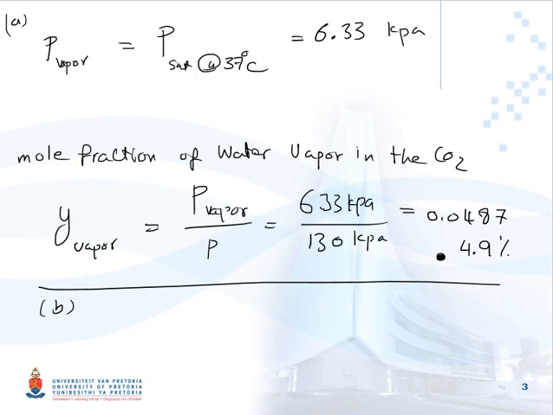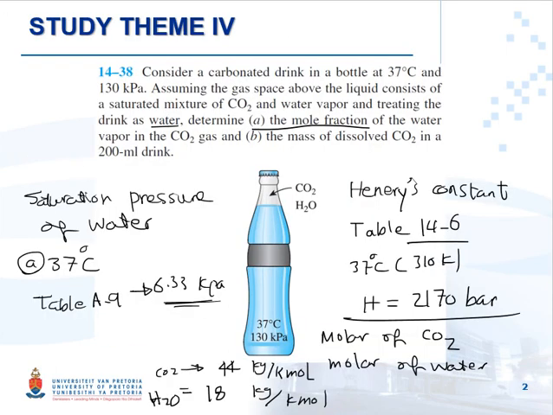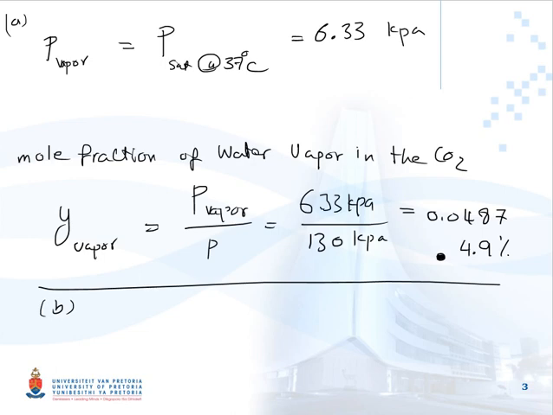But let's go back to the question and see what section B is asking us. Section B is asking the mass of dissolved carbon dioxide in a 200 milliliter drink. So it means that finally we need to find something in gram or kilogram, because it's asking the mass of dissolved carbon dioxide.